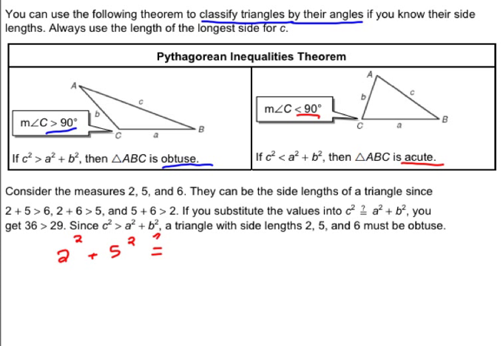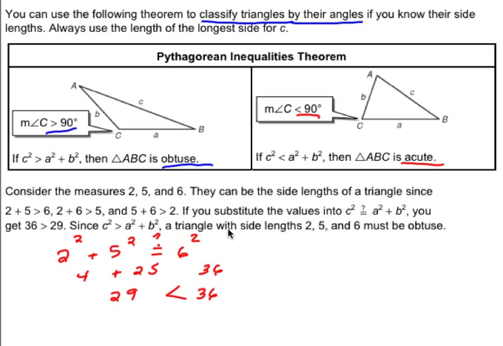So as you see, they put a little question mark, and then 6 squared. So 2 squared is going to be 4 plus 5 squared, which is 25, which equals 29. 6 squared is going to be 36. So 36 is greater than 29. So since c squared is greater than 29, it's obtuse.